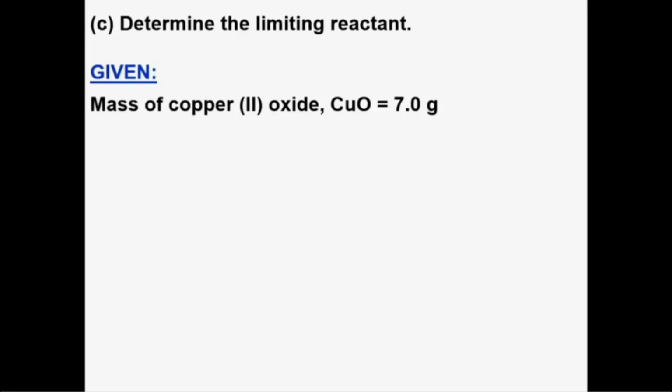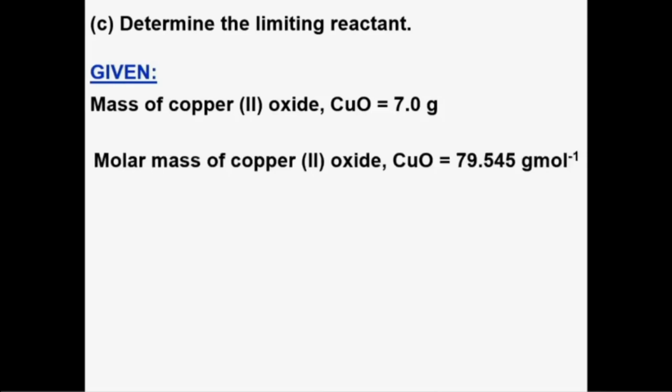Since we were given just the mass of copper oxide, which is 7 grams, we are going to calculate the moles of copper oxide using the mass given and the molar mass of copper oxide, which is 79.545 grams per mole.